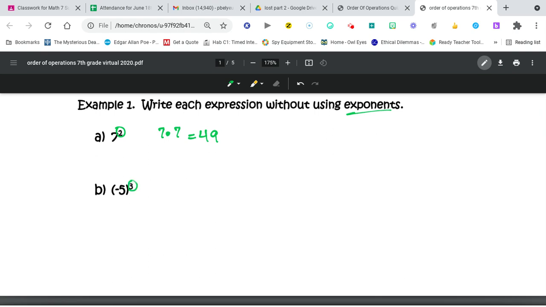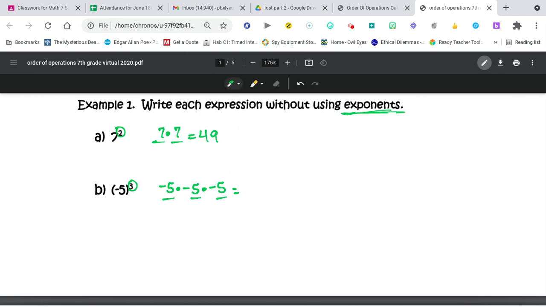This 3 tells me to multiply -5 three times. So -5 times -5 times -5. And I'm writing it without using exponents. None of these have exponents. They don't have the little numbers at the top, okay? So I'm writing them without using exponents, but I'm also giving you an answer for them.